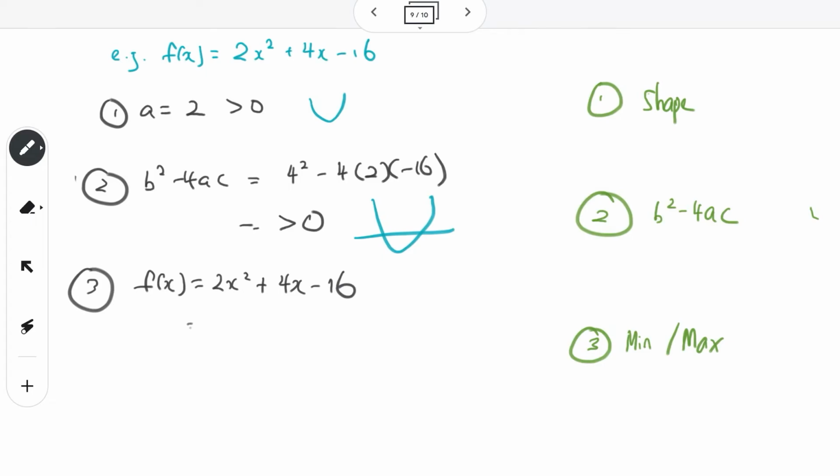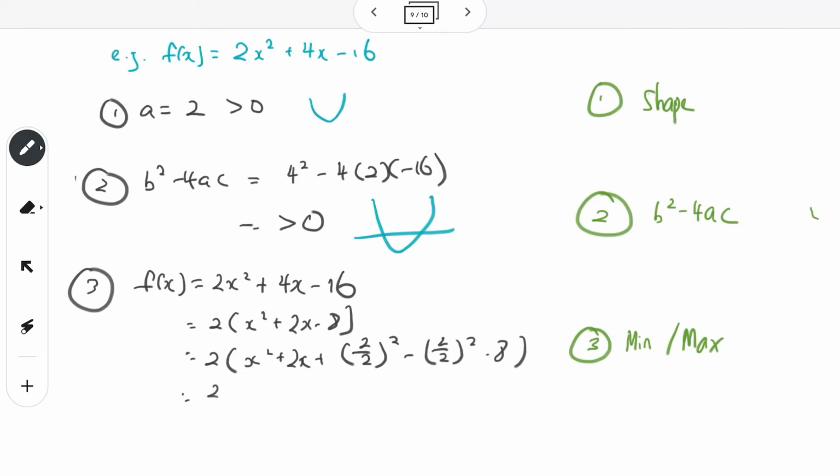And the first step is to take the 2 out, and then you're going to combine those two values together, and you're going to be left with this, and essentially you're going to get something like this.